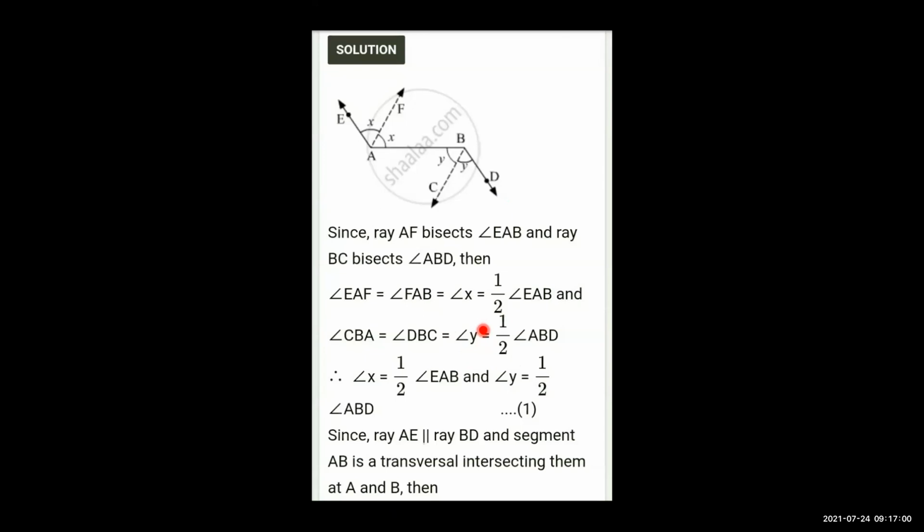You can see in the diagram y degrees, and the names of those two angles are angle CBA and angle DBC. So here are the two steps.